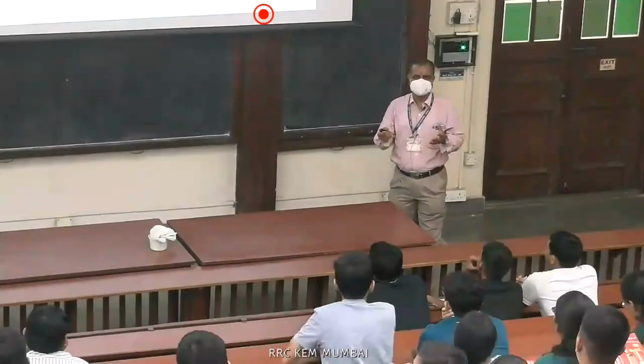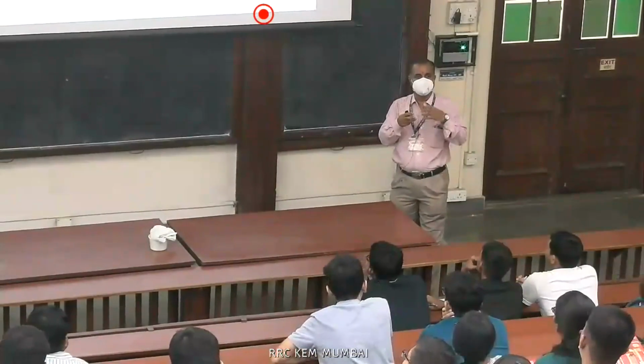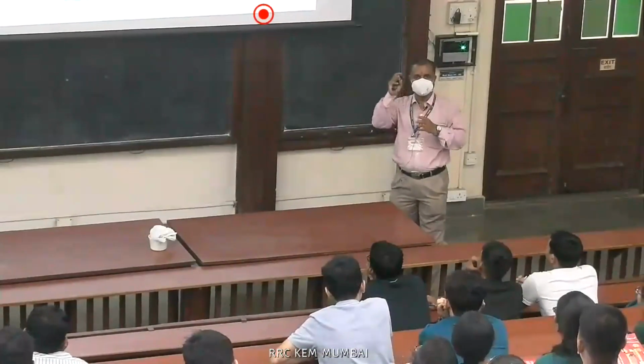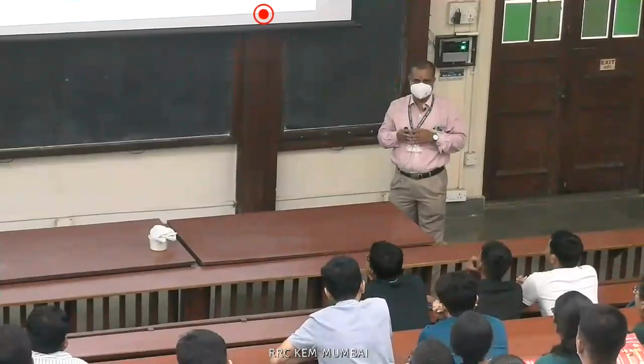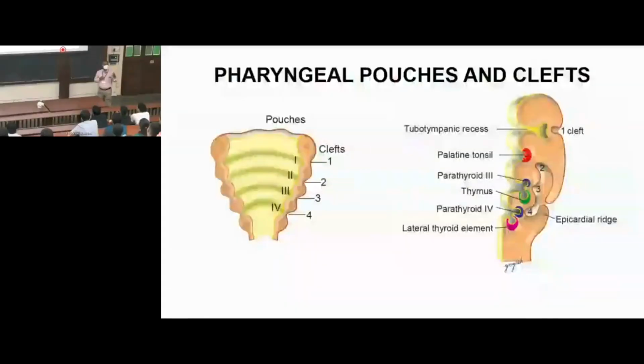The name suggests that the derivative will be a tube and something related to the tympanic membrane. The tube which is going to be related to the tympanic membrane is the Eustachian tube. Very simple, very logical. So the tubotympanic recess, derived from the first pouch, is going to give rise to the Eustachian tube and the middle ear cavity, which is bounded by the tympanic membrane here.